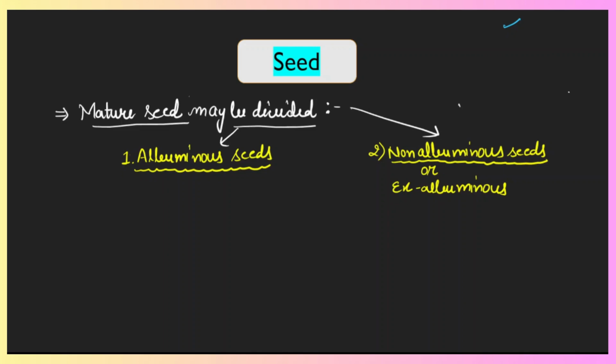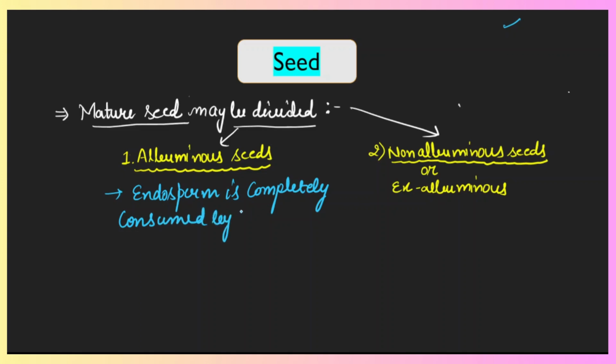What do we mean by albuminous seeds? Albuminous seeds are the seeds in which the endosperm is completely consumed during embryo development.